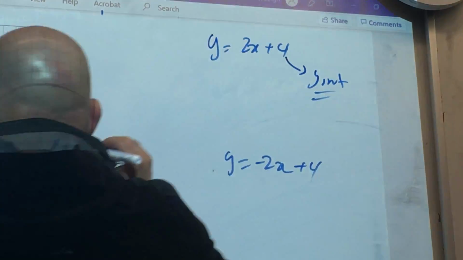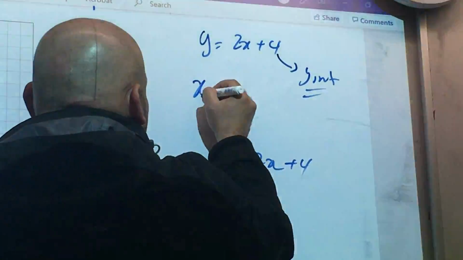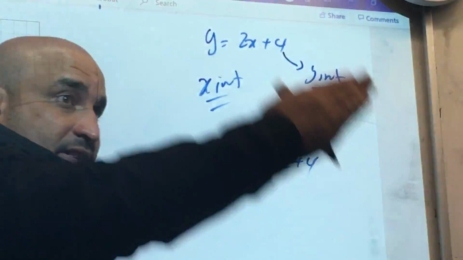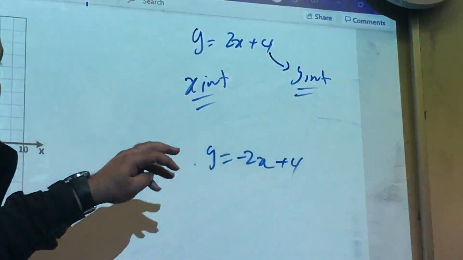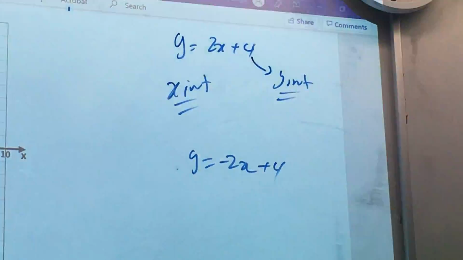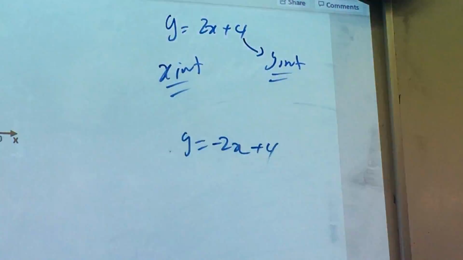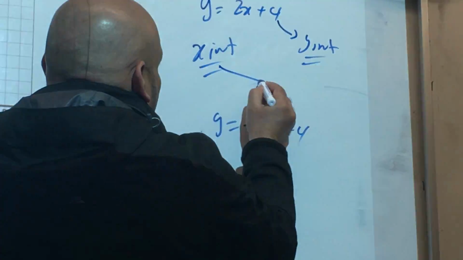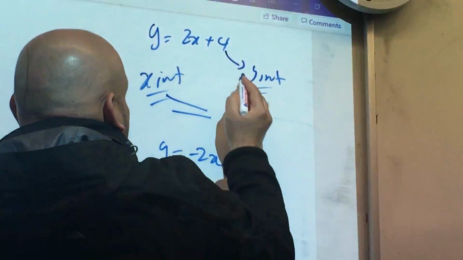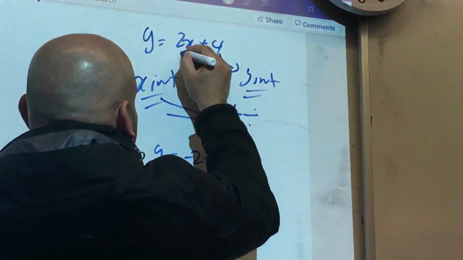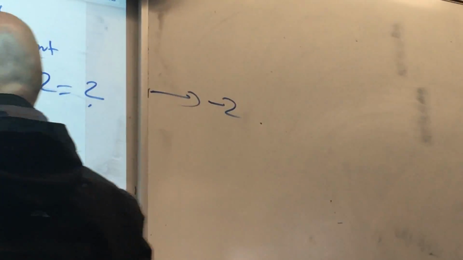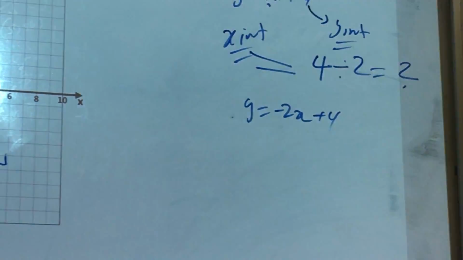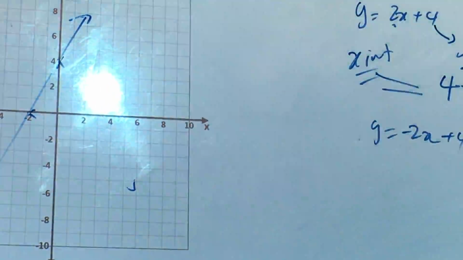So this is my y-intercept. I just need to find the y-intercept and x-intercept. That's it. And just join the line then. So my y-intercept is 4. My x-intercept is, I have taught you, the last number, 4 divided by 2, which is 2, and then we opposite that, which is minus 2. Minus 2 is here. And you join those two points.